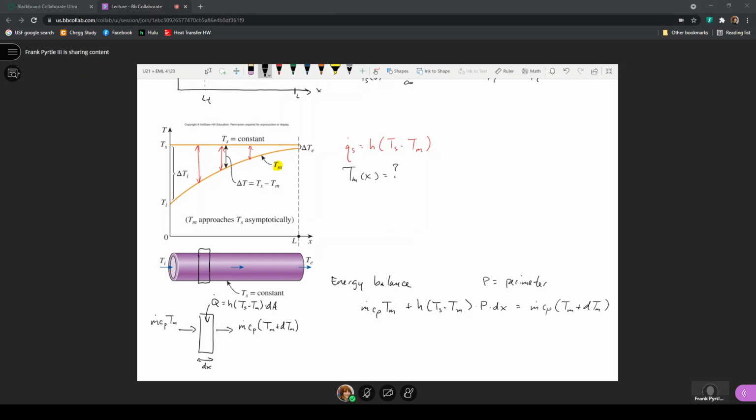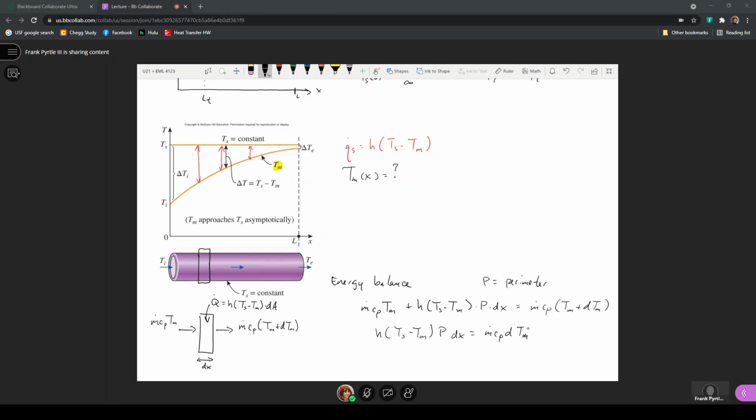If we reduce this expression, m dot C sub P times Tm and m dot C sub P times Tm can be subtracted from both sides of the equation, and we're left with an expression that says H times Ts minus Tm times the perimeter times dx is m dot C sub P times dTm.